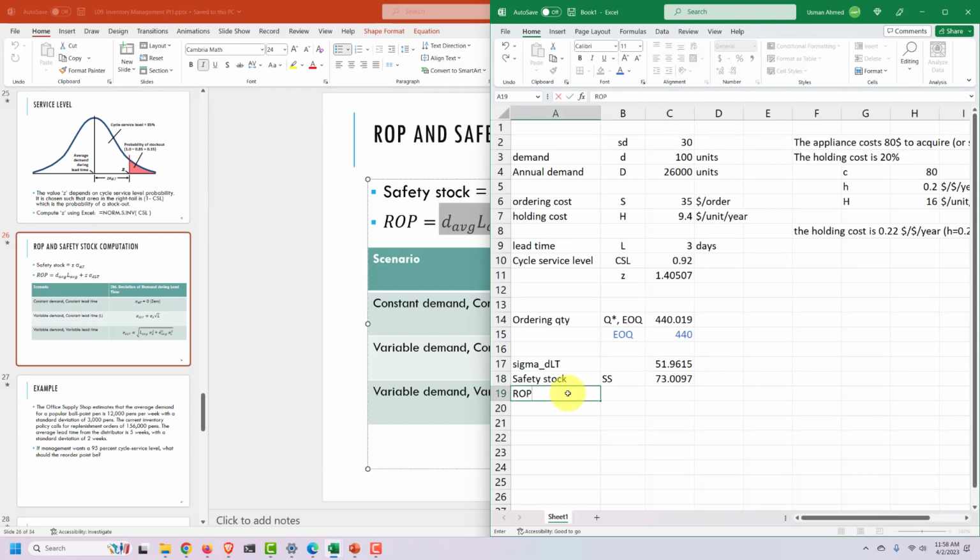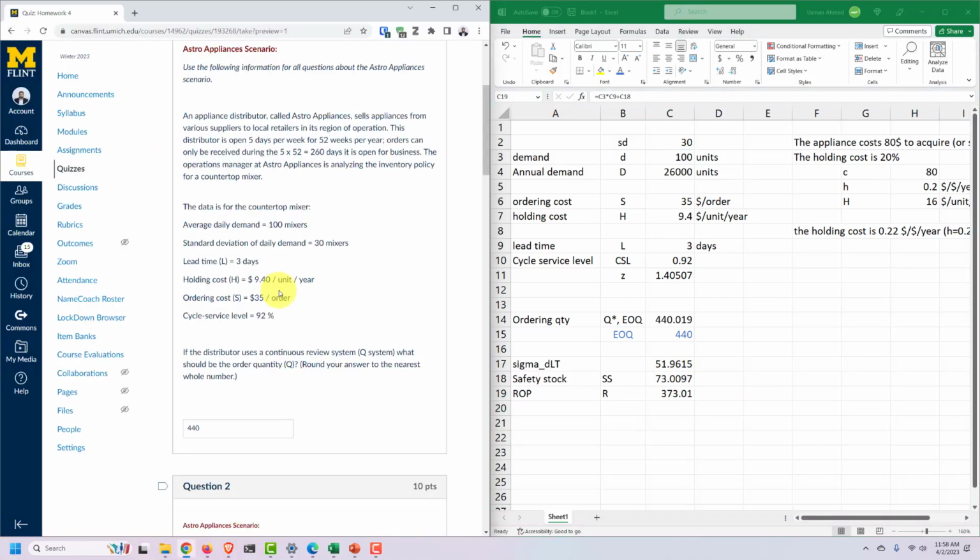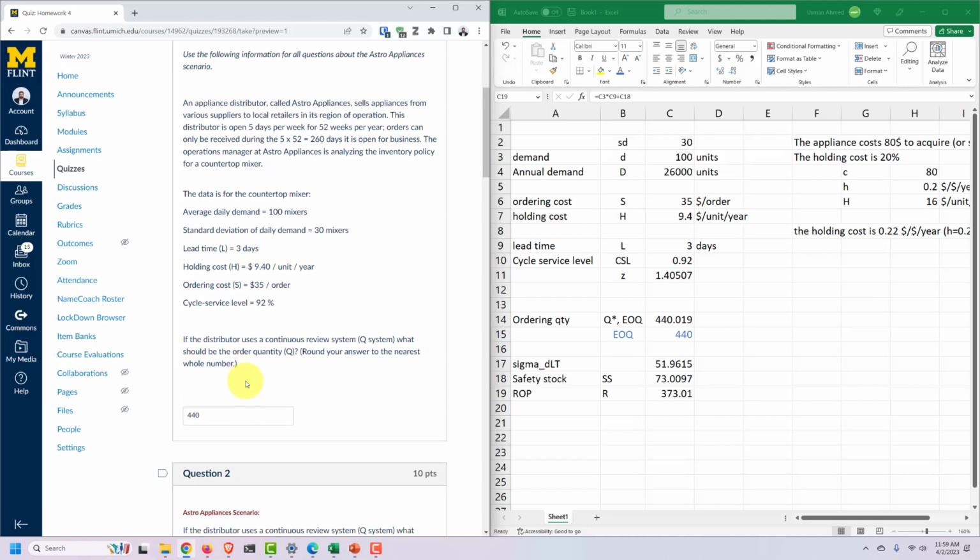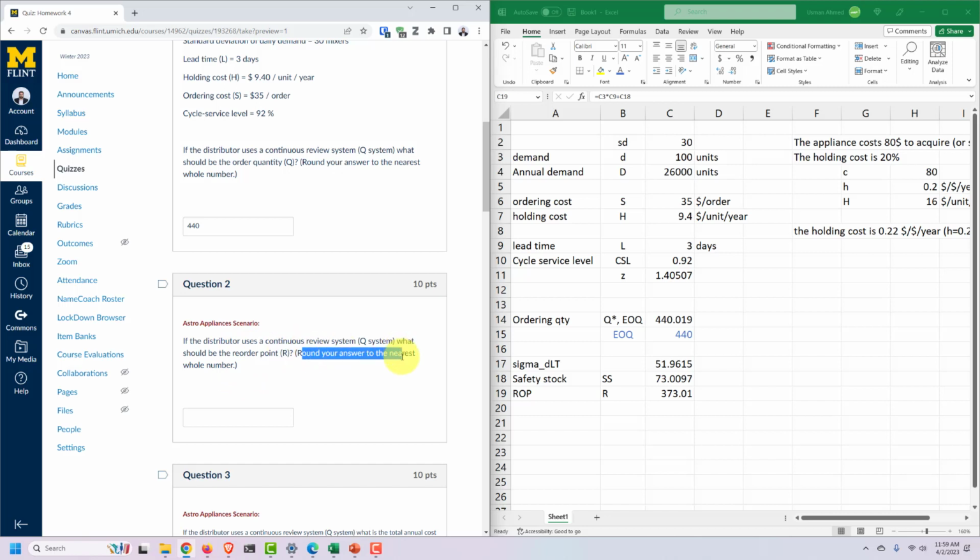So then reorder point, ROP or R, is going to be average daily demand, D, this 100, times the lead time plus the safety stock, which is right here, the cell right above this. So we get 373.01. And now if I look at this, round your answer to the nearest whole number.